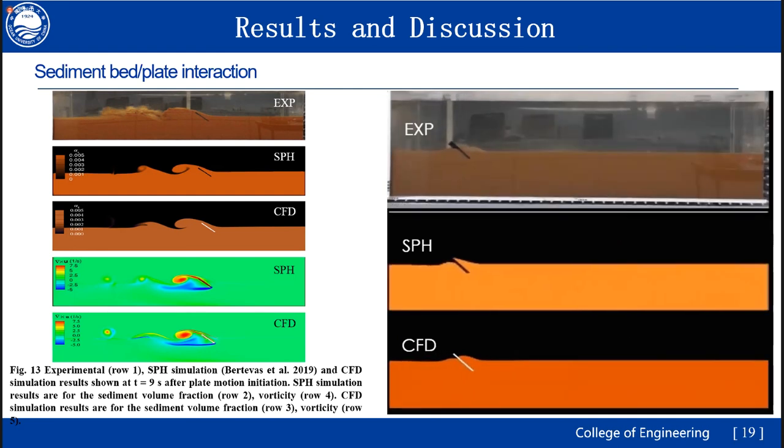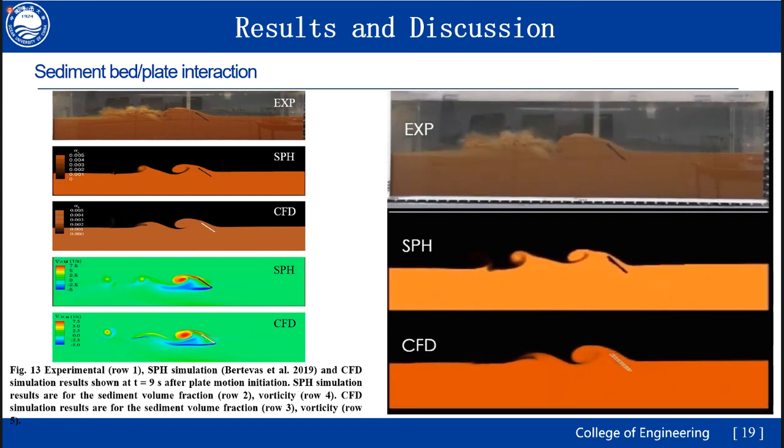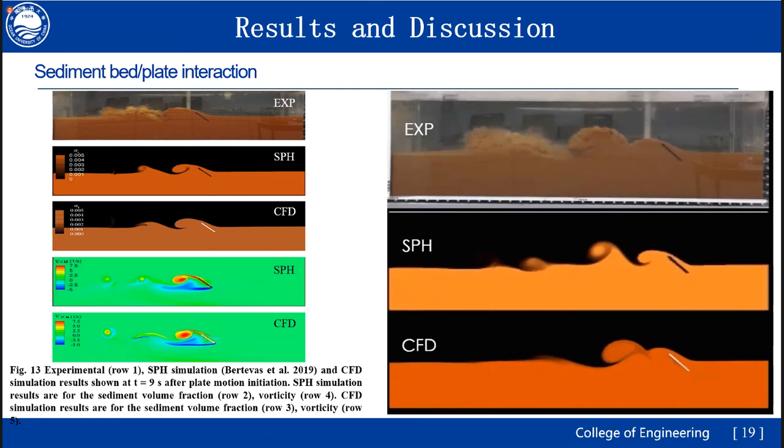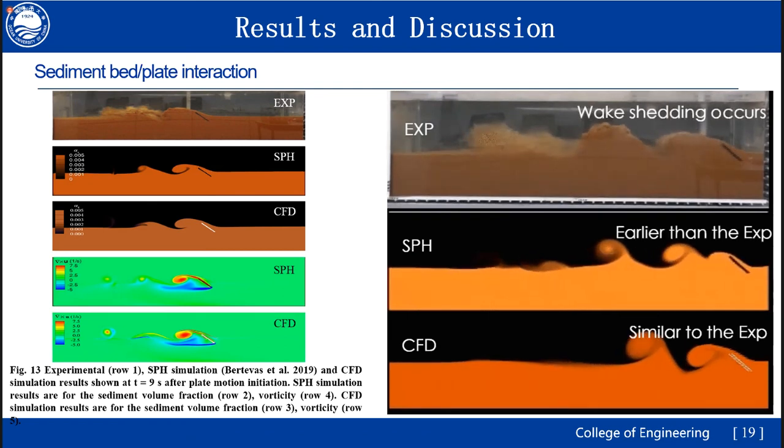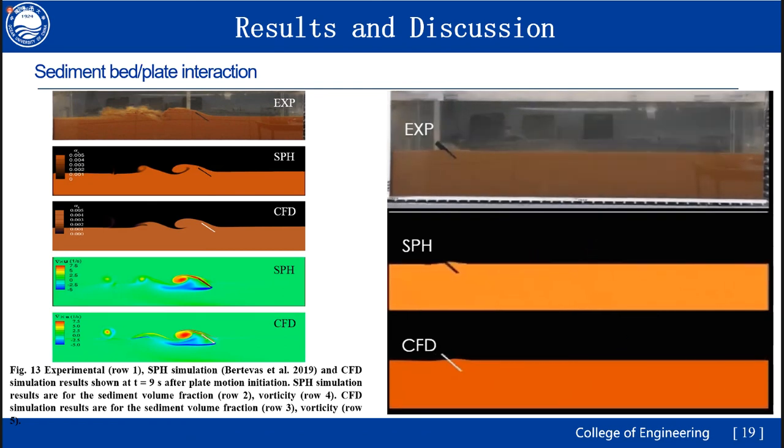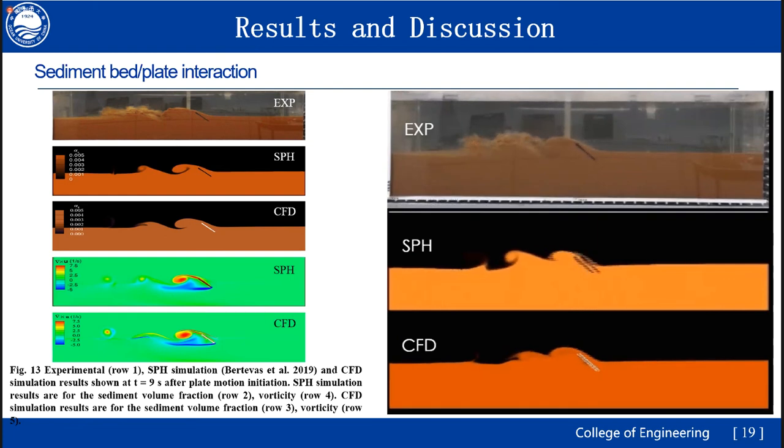So I was thinking maybe in your simulation, if you use a smaller settling velocity corresponding to the smaller particle size, maybe you will get better agreement. But I'm not sure whether this is the case, I'm just looking at the video.